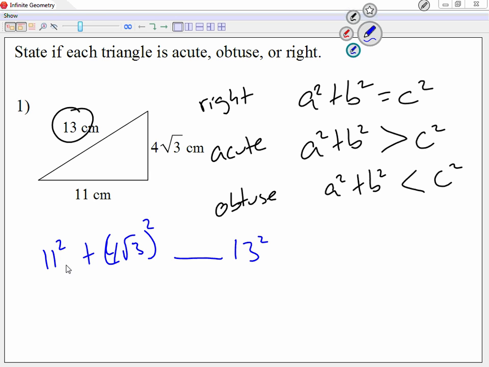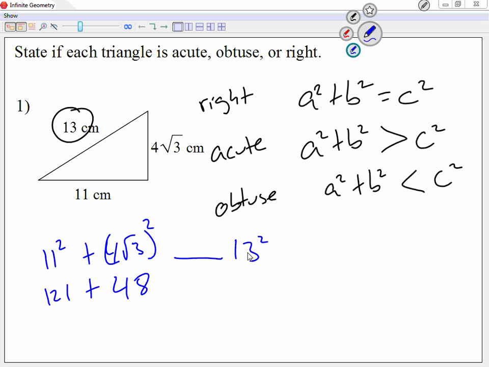How much is 11 squared? 121. How much is 4 radical 3 all squared? You go 4 squared, so square the number on the outside and multiply to the number on the inside. 16 times 3, 48.